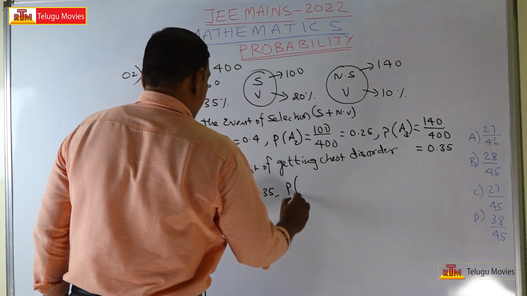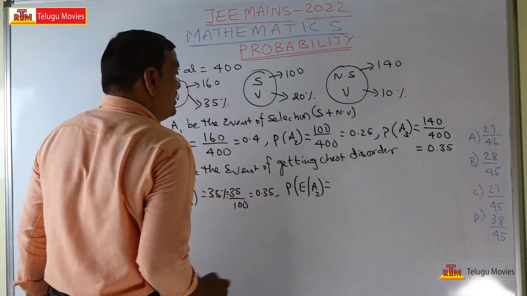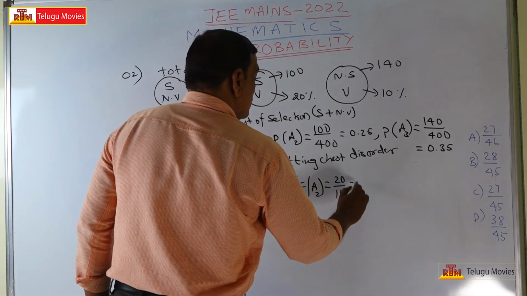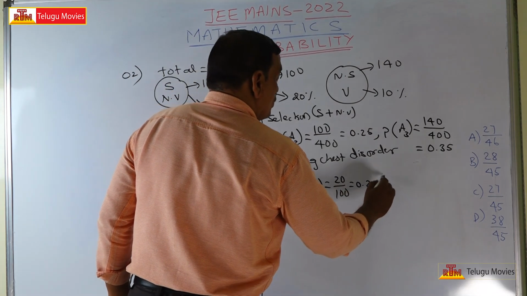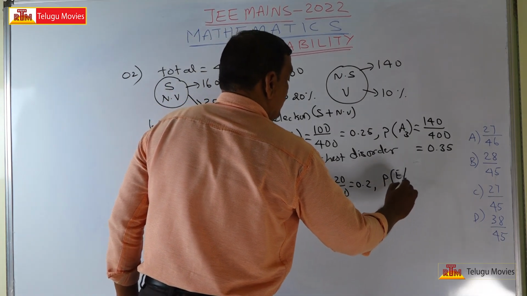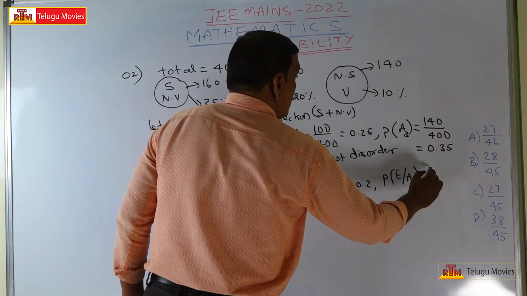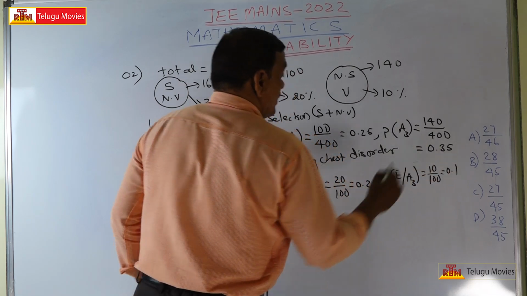Similarly, probability of E given A2 is 20%, which means 20 by 100, which is 0.2. Probability of E given A3 is 10%, which means 10 by 100, which is 0.1.